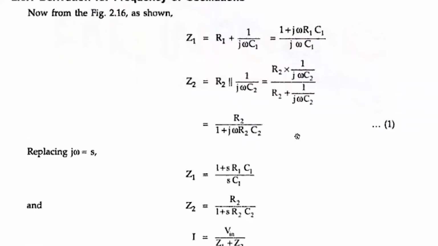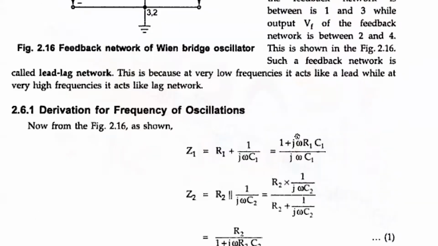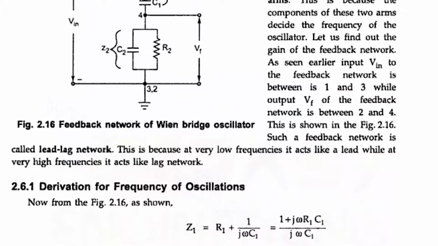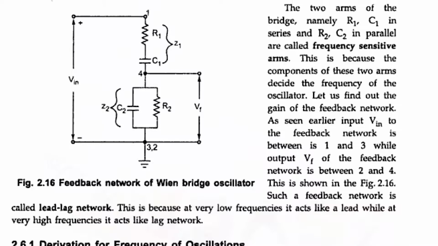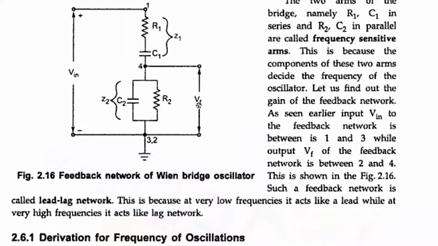Now our idea is to find the feedback voltage of the feedback network. Let us replace like this: Vin, Z1, Z2, Vf. Because we called these Z1 and Z2, we can replace this one with Z1 and this one with Z2.